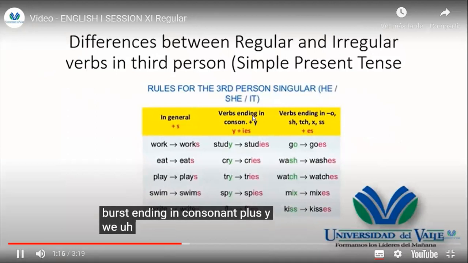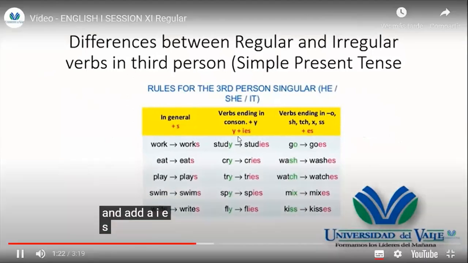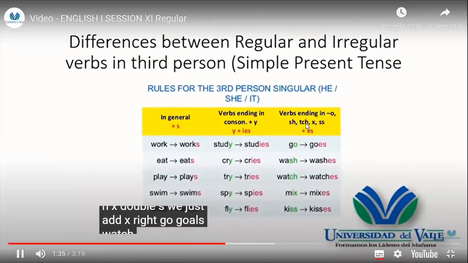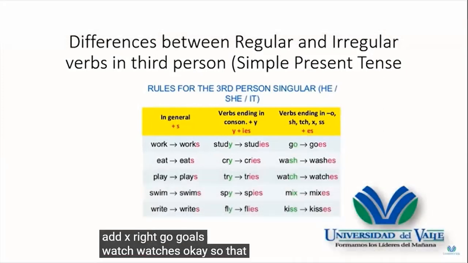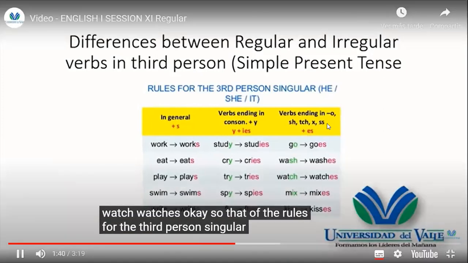Also, we have verbs ending in consonant plus Y. We're going to remove the Y and add I, ES. Examples: study, studies, cry, cries. Also, we have our rule number 3, verbs ending in O, SH, T, CH, X, double S. We're just gonna add ES.